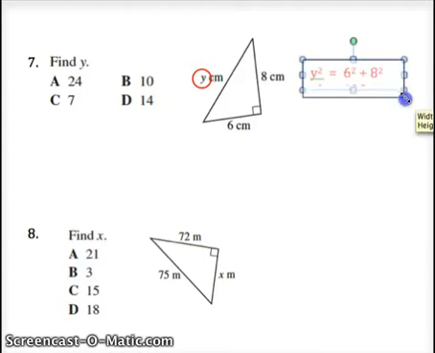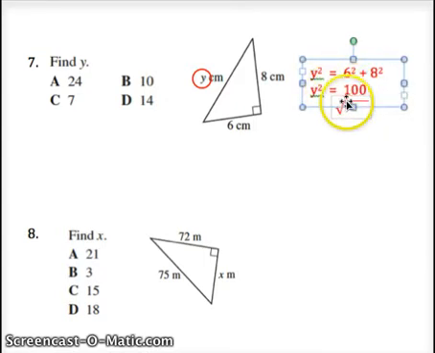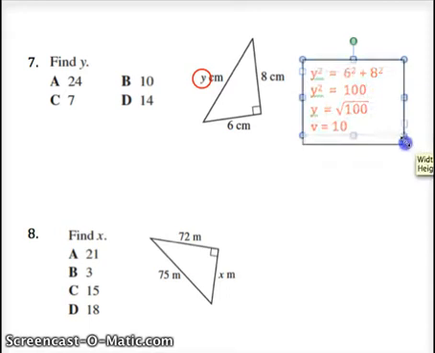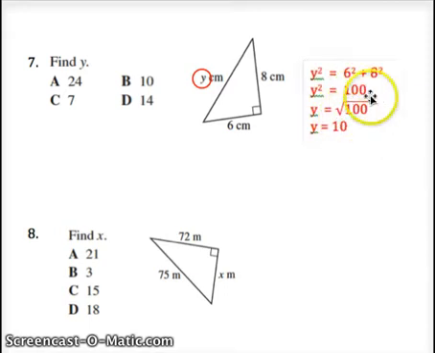Then we get that y squared equals 100. To get y on its own, y is the square root of 100. On your calculator, just go square root of 100, and your answer will be that y equals 10.